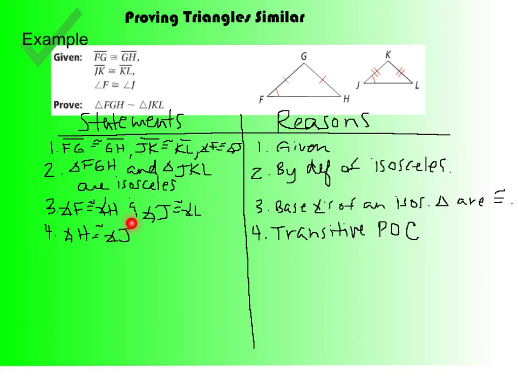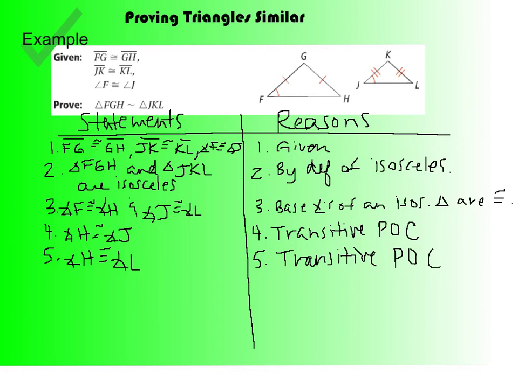Now I also know that angle J is congruent to angle L. So I can do the same sort of step again, and I can say in step 5 that angle H is congruent to angle L. And that's again by transitive property of congruence.